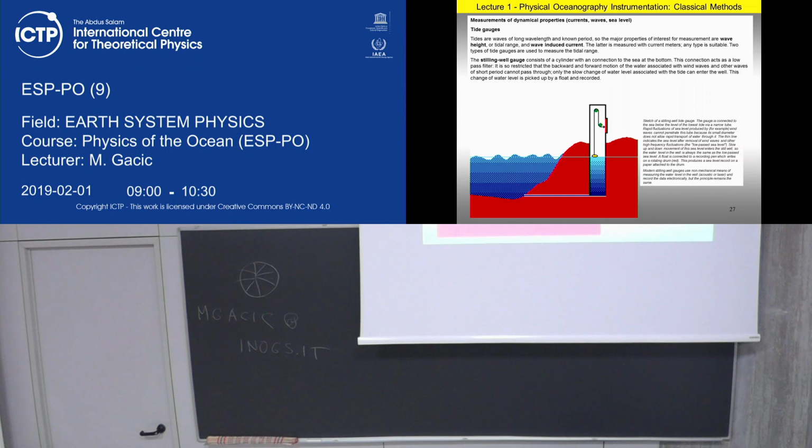Because the satellite records are only from 1992, and if you compare this with 150 years of tide gauge measurements, you can see how important this is.